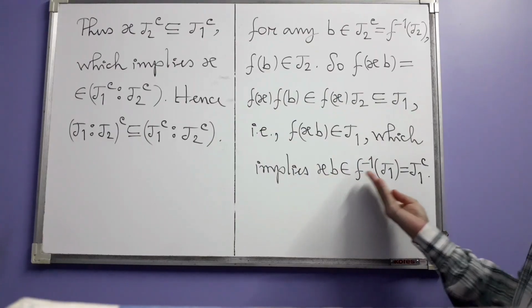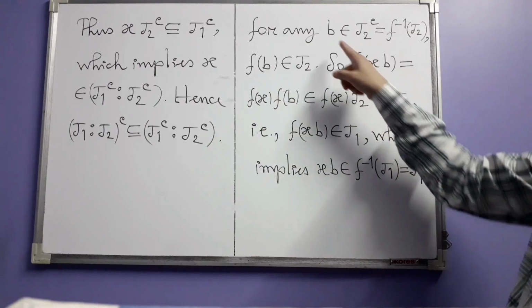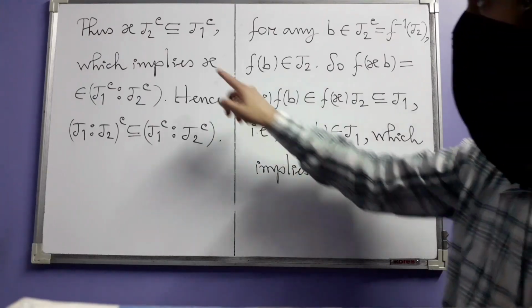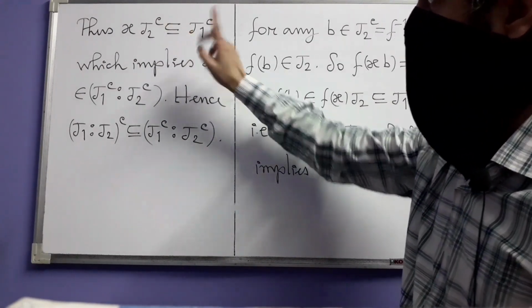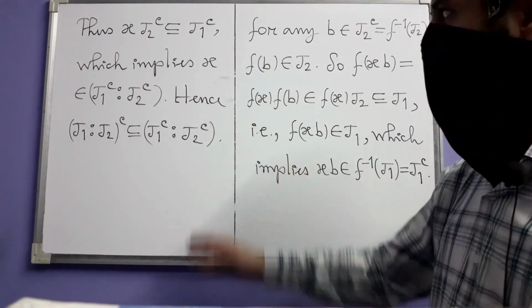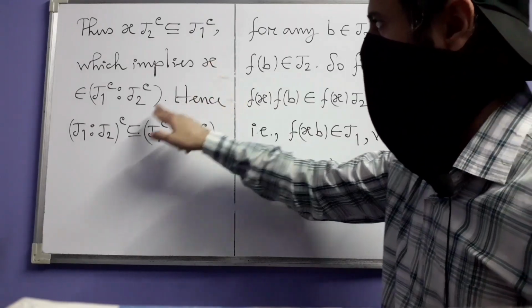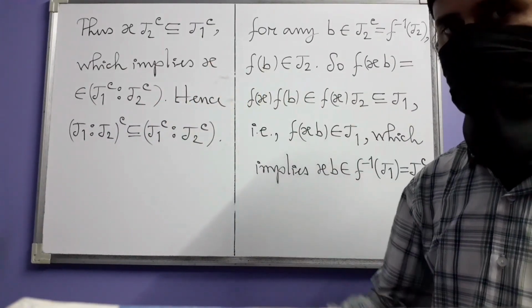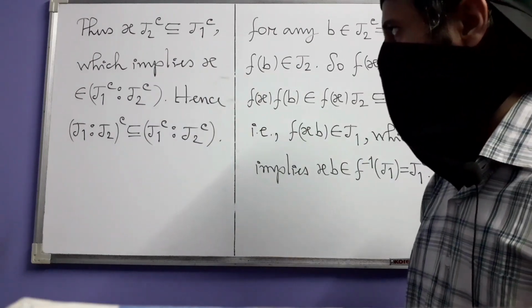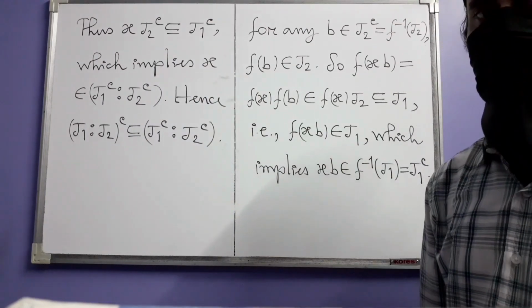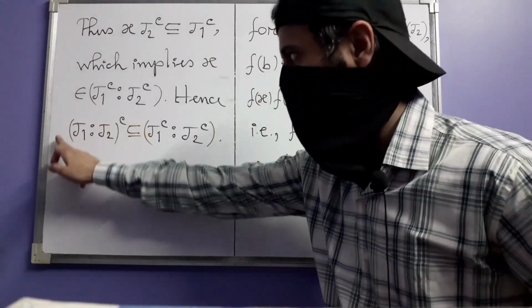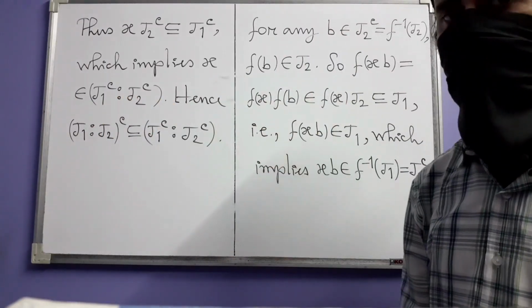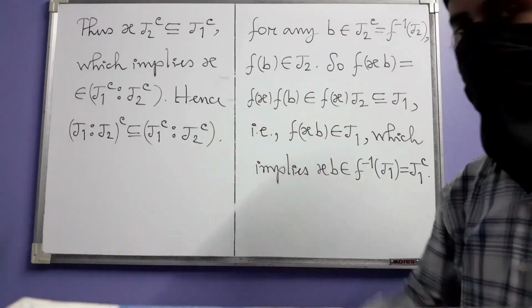Because xb belongs to J1 contraction and b is any element in J2 contraction, x times J2 contraction is contained in J1 contraction, which implies that x belongs to this quotient of J1 contraction and J2 contraction, because that's just what it means. But what was x? x was an arbitrary element of this contraction, and we have found that it's also an element here. So that's how this is contained in this.